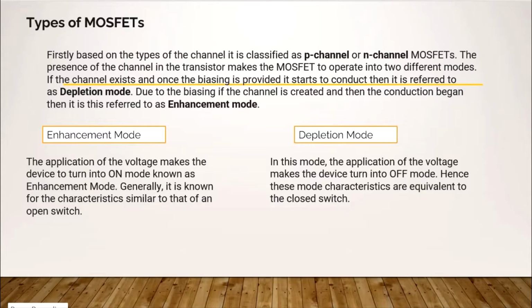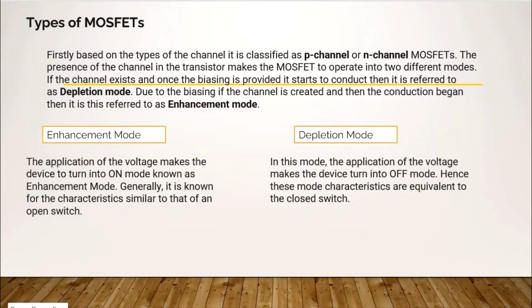Types of MOSFET. Firstly, based on the type of the channel, it is classified as P-channel or N-channel MOSFETs. The presence of the channel in the transistor makes the MOSFET operate in different modes.